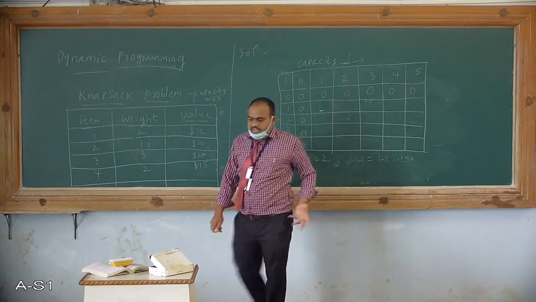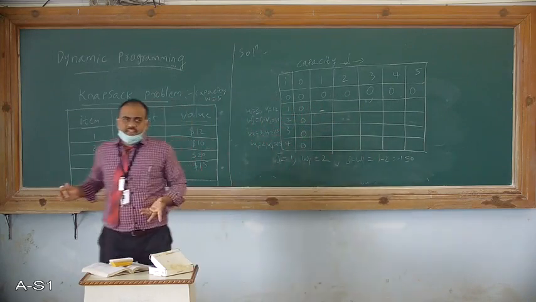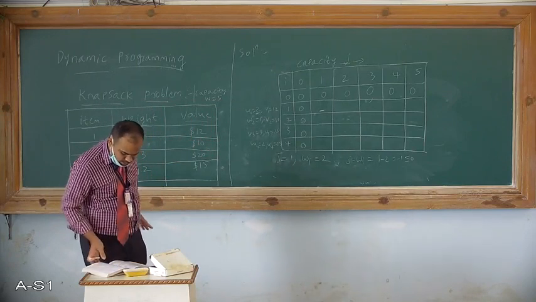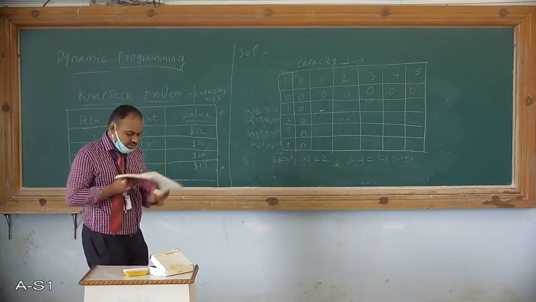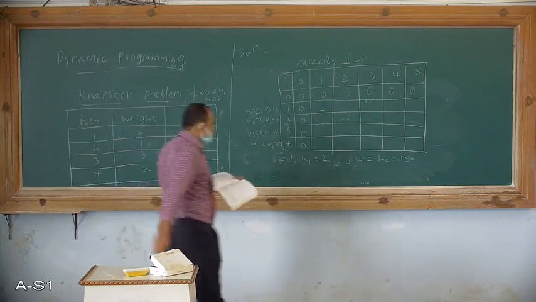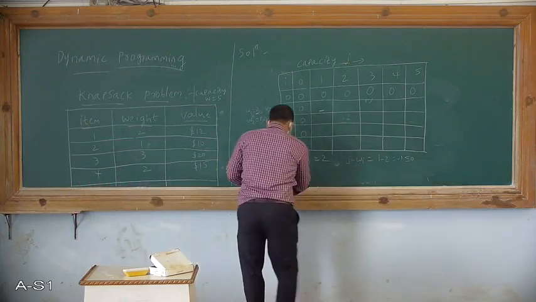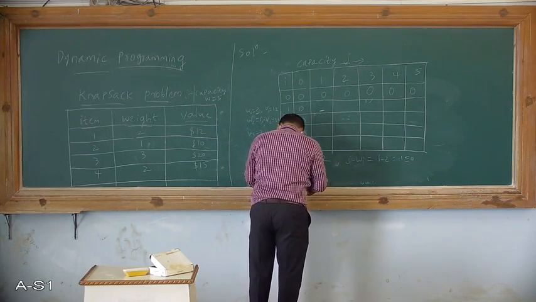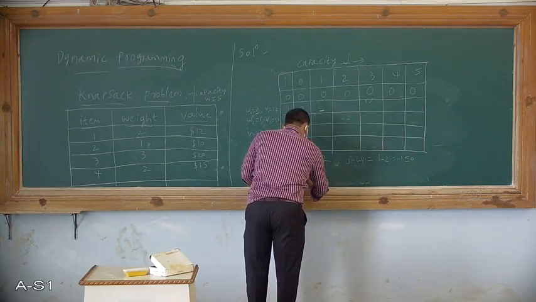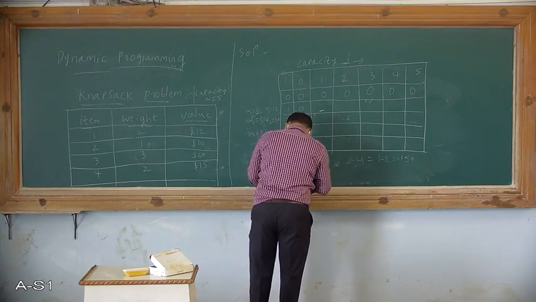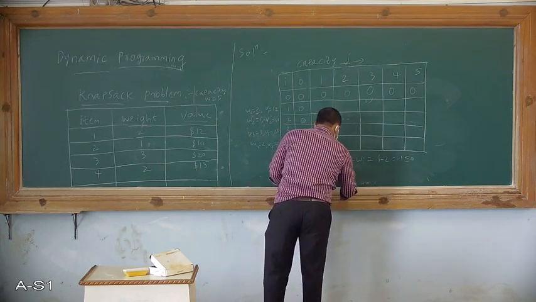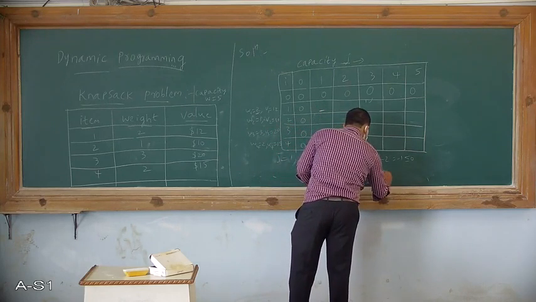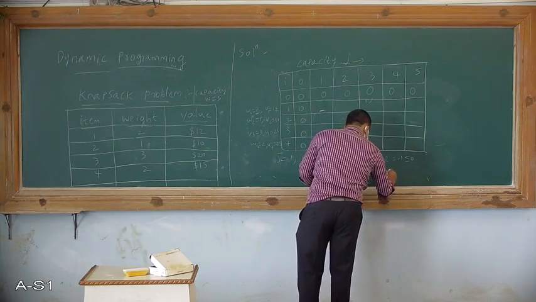So for this case, since the value is less than 0, we will apply case 2 here. What is that case 2? V of I minus 1 comma J, if J minus Wi is less than 0.